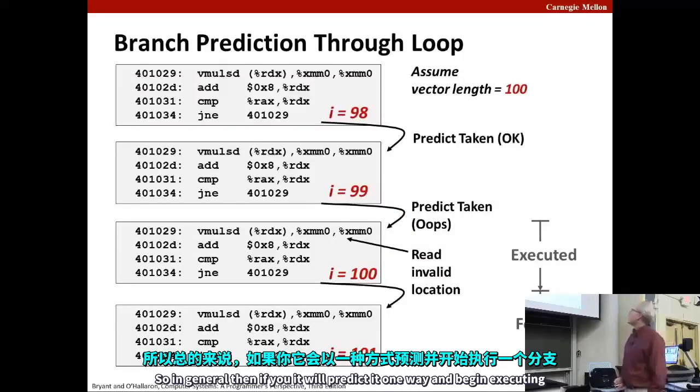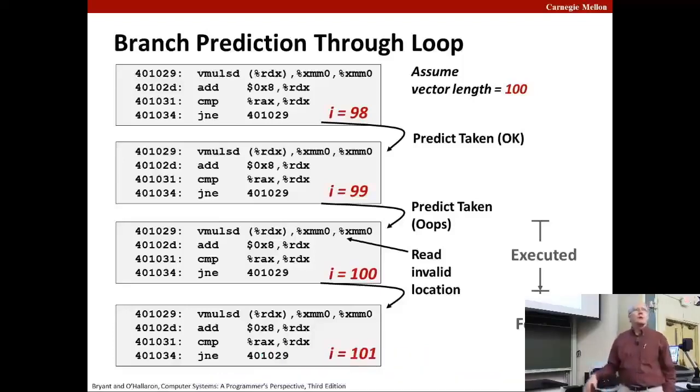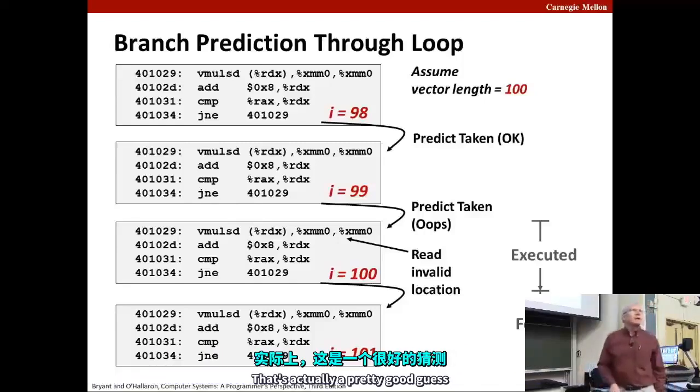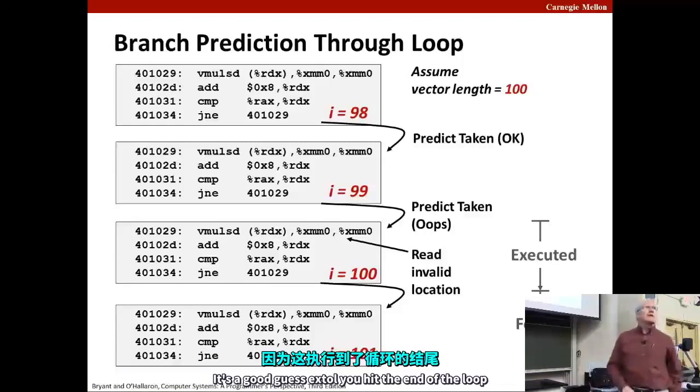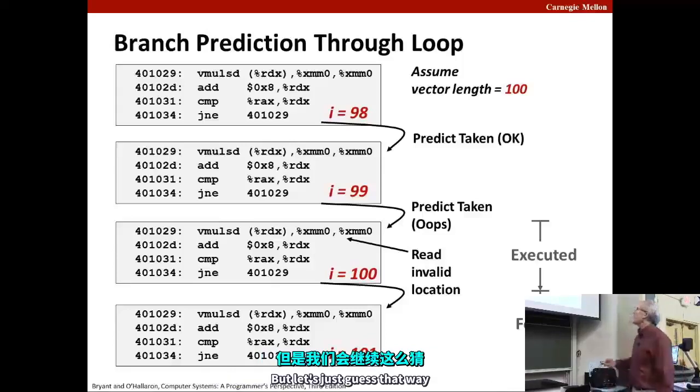So in general, then, it will predict it one way and begin executing. So imagine, for example, in a loop like I've shown you, that you predict that the branch will be taken, that you'll go back to the start of the loop again. That's actually a pretty good guess. It's a good guess until you hit the end of the loop. But let's just guess that way.